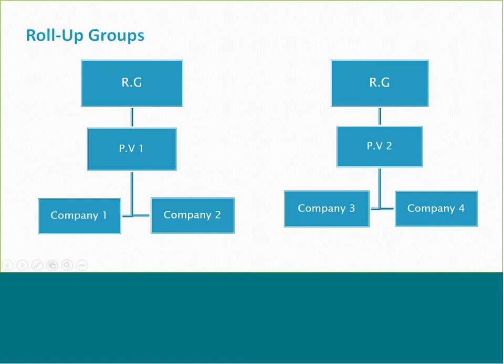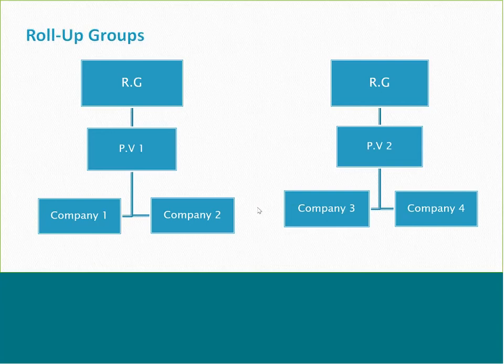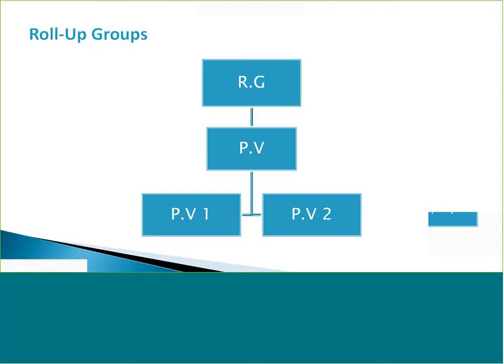So it means you would have to do this, and finally you would have to do this. So you would put these two parent values under their own parent value, which would make them the child values, and then you would put this parent value that you have created under a roll-up group.